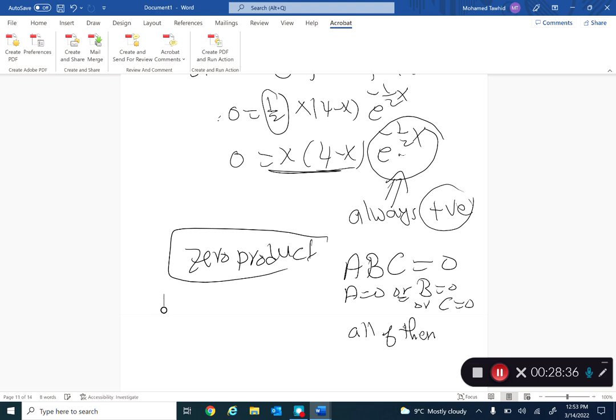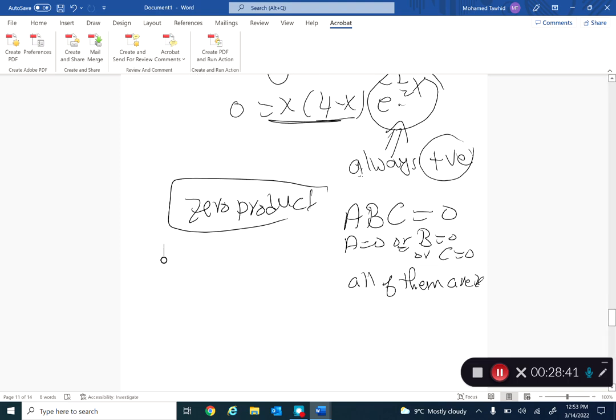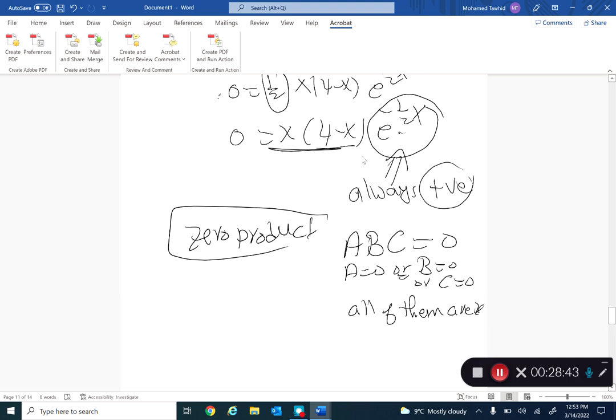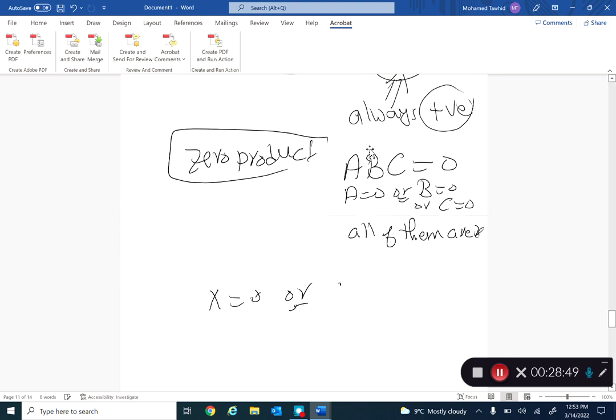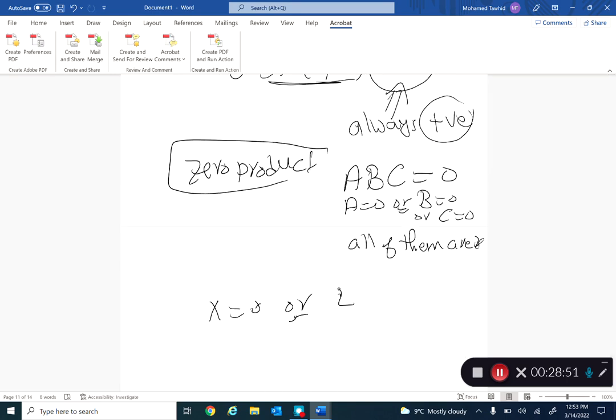That is called the zero product property. So here x could be 0, or 4 minus x equals 0, which gives x equals 4, and here you have x equals 0.